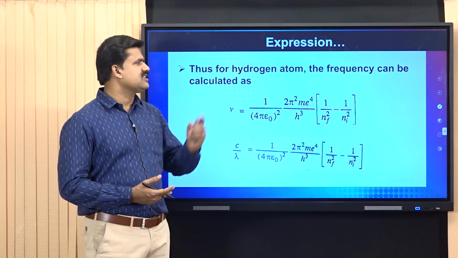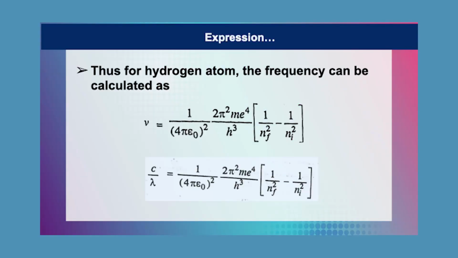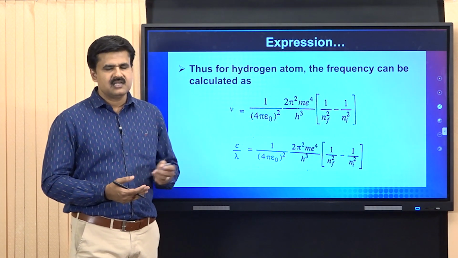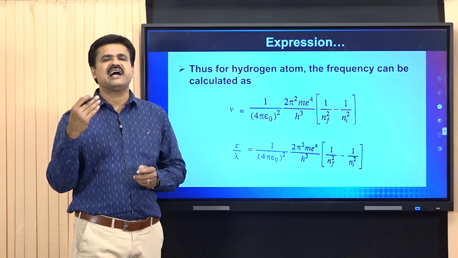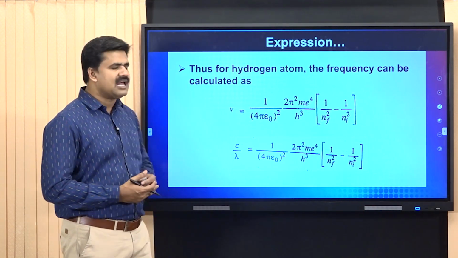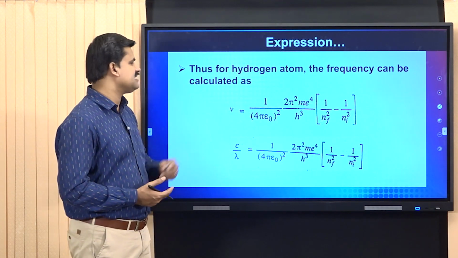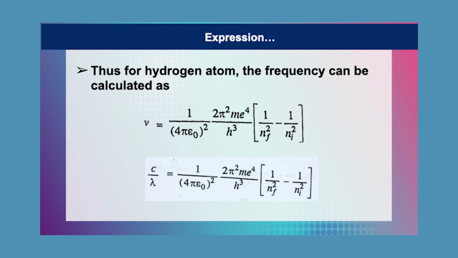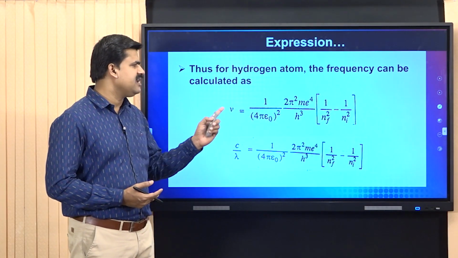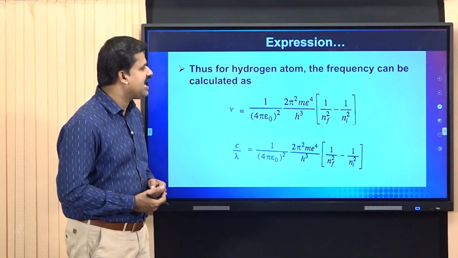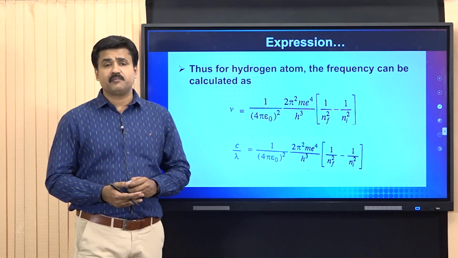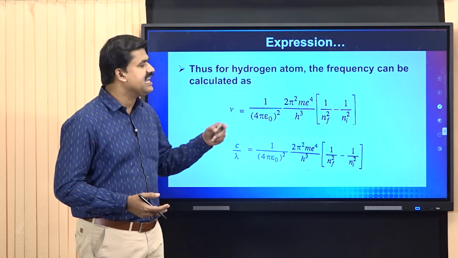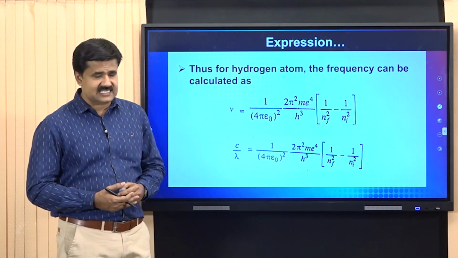Thus, for the hydrogen atom, the frequency can be calculated by using this expression. That is, for the transfer of electrons from a higher level to a lower level, we can calculate the frequency using this equation: nu is equal to 1 by 4 pi epsilon 0 squared, 2 pi squared m e raised to 4 divided by h cubed, into 1 by nf squared minus 1 by ni squared, where nf represents the final state and ni represents the initial state.